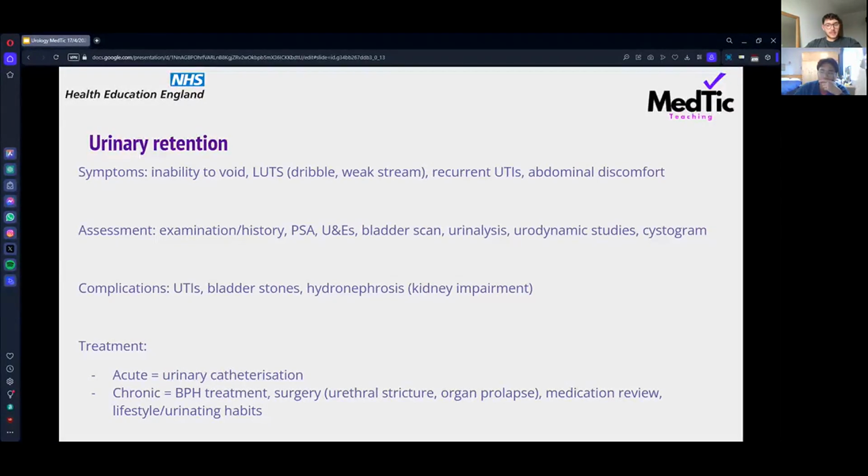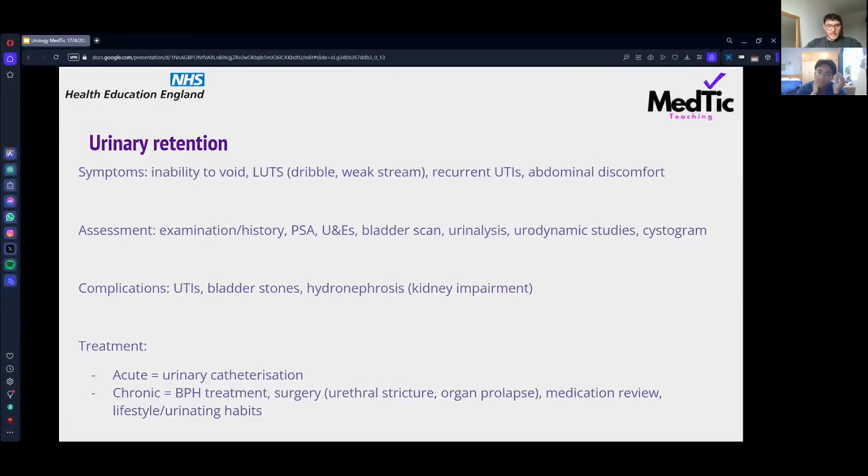Recurrent UTIs, this is a bit of a chicken and egg situation. The UTIs could cause the obstruction, but then the urine festering within the bladder can fester different bacteria that can again lead to UTIs. Of course, abdominal discomfort. And then when you come to assessing the patient, the history is key to try and attain if this is new, acute, chronic, and different precipitating factors.